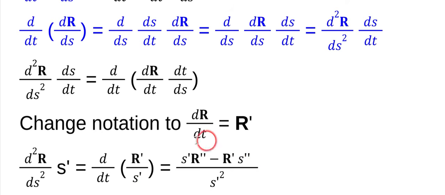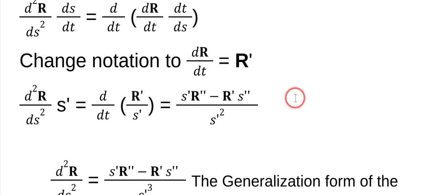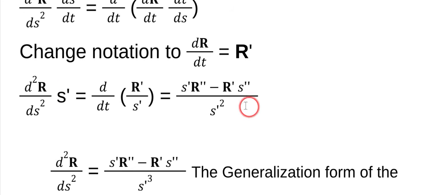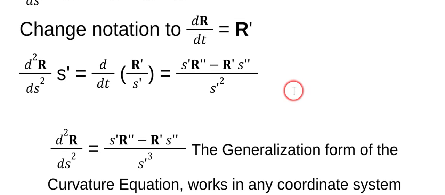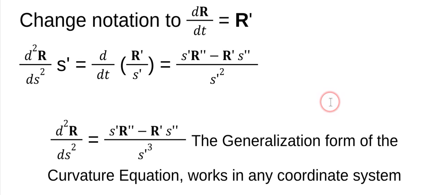So this is the quotient rule, okay? Now, once again, this is a scalar, right? So we can just take this to the other side, which would make this s prime cubed. And here is our equation. So this is the generalized form of the curvature equation.